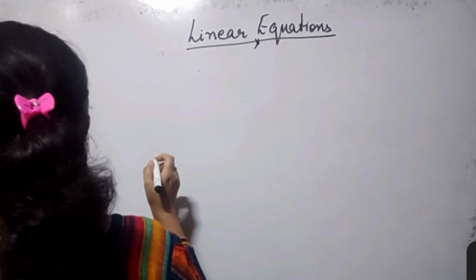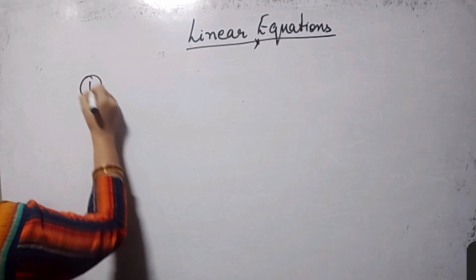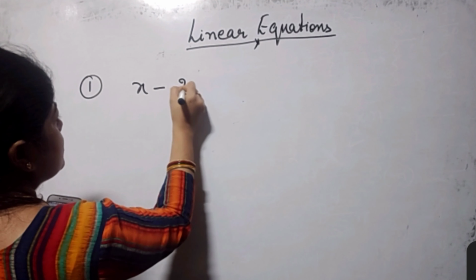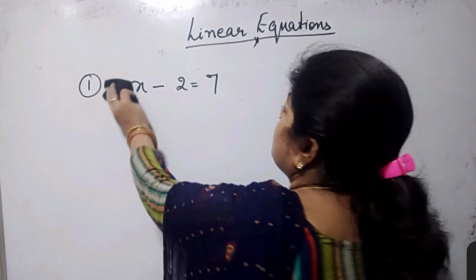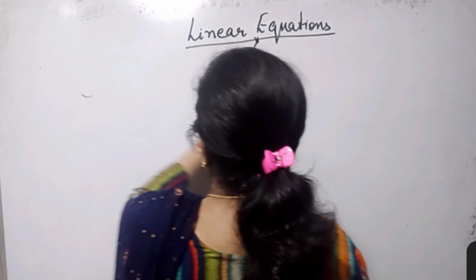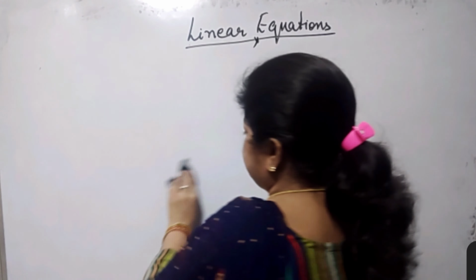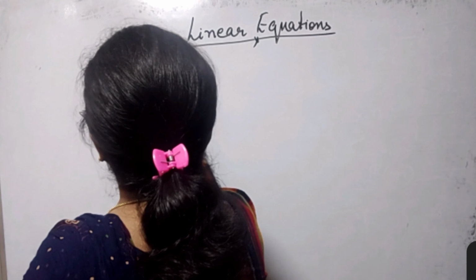Now I'm going to start the exercise. Now the question number 1, x minus 2 is equal to 7. And for example, I'm not going to solve this. I'm going to give you a concept. For example, I have y plus 3 is equal to 10.